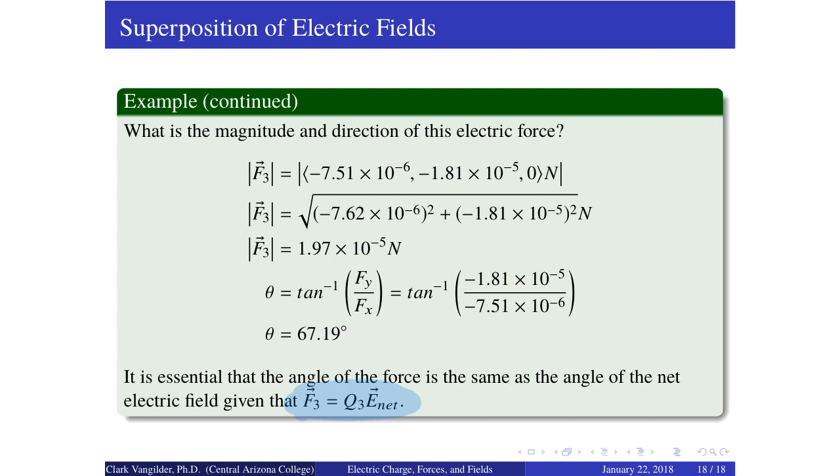That wouldn't make any sense. So this makes sense, and all I did in these last two slides was prove that the direction of the electric field and the direction of the force are the same. Right? And I think that is the end of this lecture.